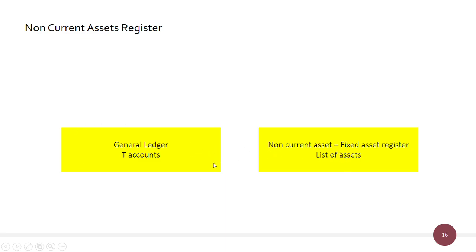Is this general ledger accurate? Later on, you can have a look at your assets. You can go and find them, see where they are. Do they all exist? Do they still have that value? Compare the total in here to the figures in your general ledger account. Just another control account, that's all it is. But the first part of the question is typically going to be creating a fixed asset register with an invoice. What should we capitalize in there, and how should we calculate depreciation?